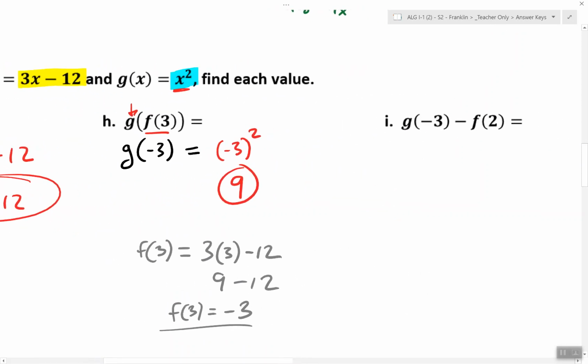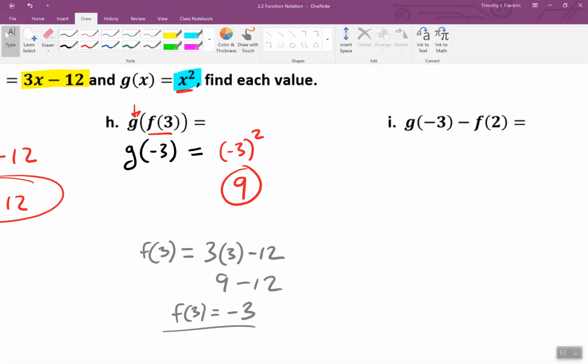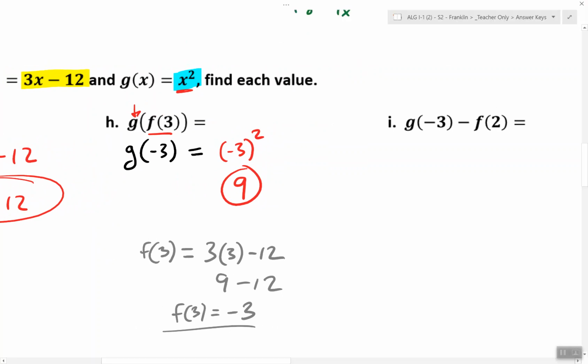Okay, last one here. We're going to use both functions in this problem. We have g of negative 3 minus f of 2. So we're going to have to find both of these before we can do the problem. Now g of negative 3, I know already because I just did it over here. G of negative 3 is equal to 9.